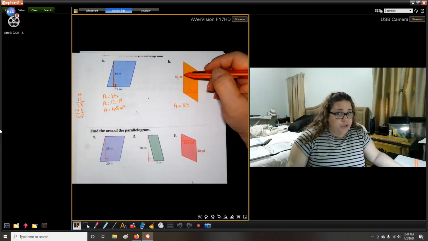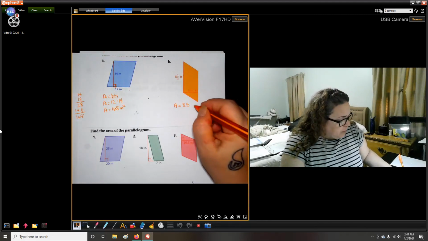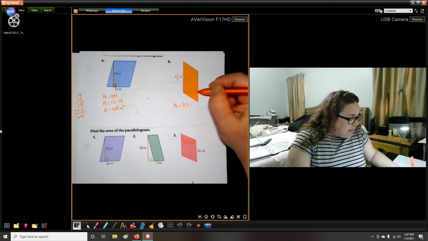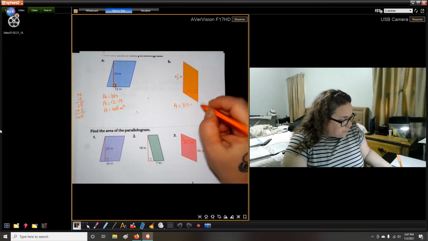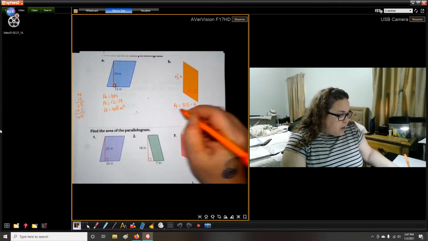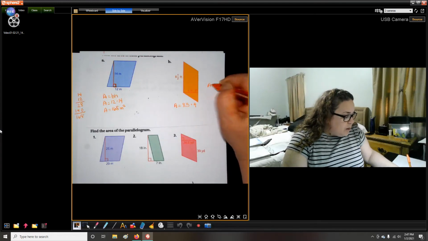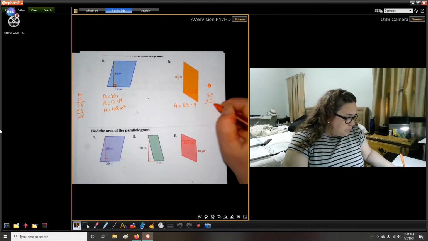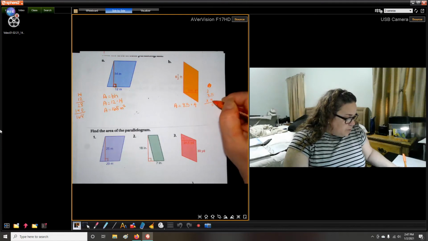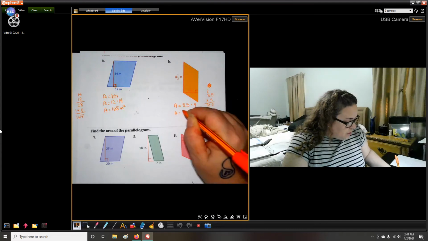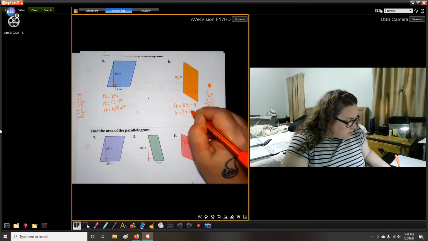That's fine too, however you want to do it. Times, I know this is the height because it's got the H. 4. So I have to go times 4. Area equals 34 feet squared.